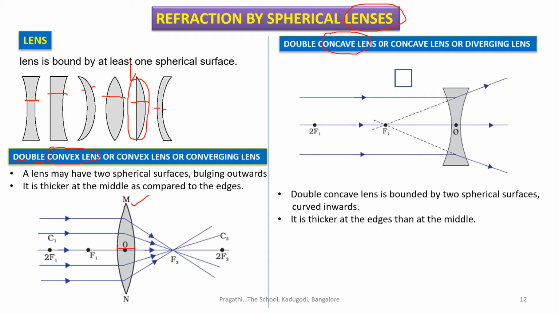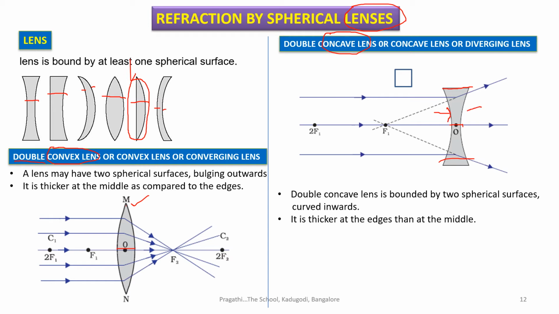Again we come to the concave lens. You can see here, it is thinner at the middle and thicker at the edges. Here also there are two spherical surfaces, but here the curve is inward.